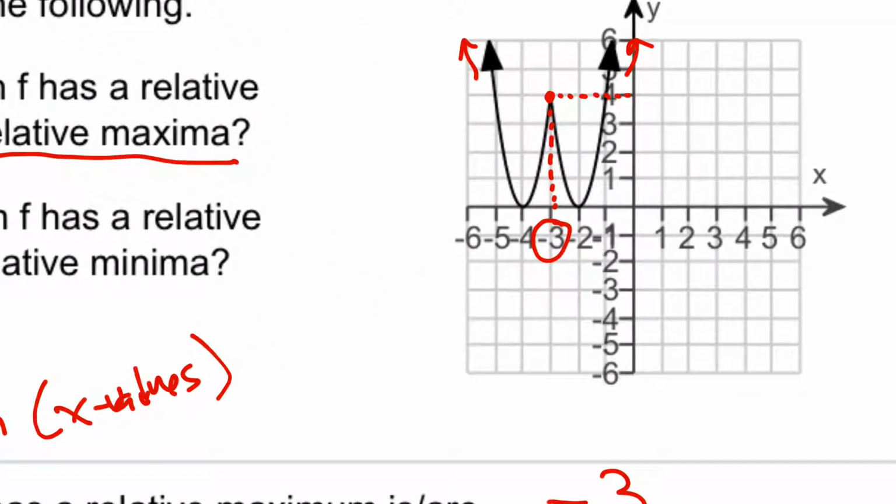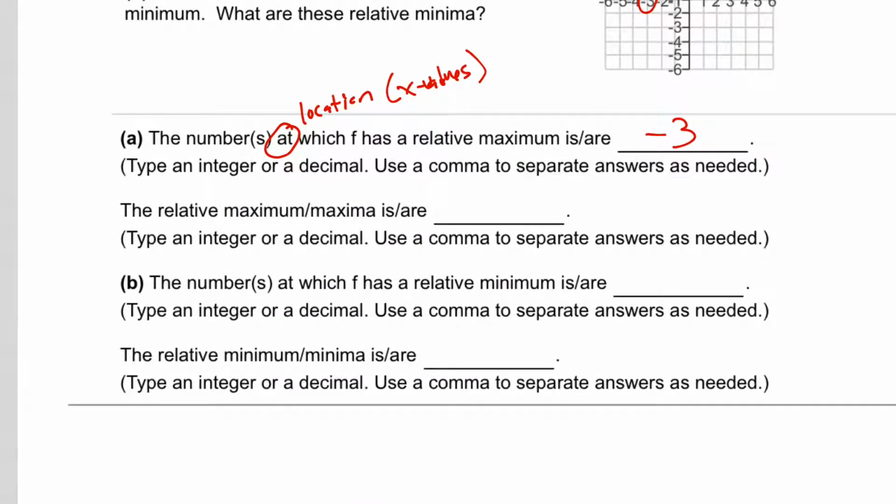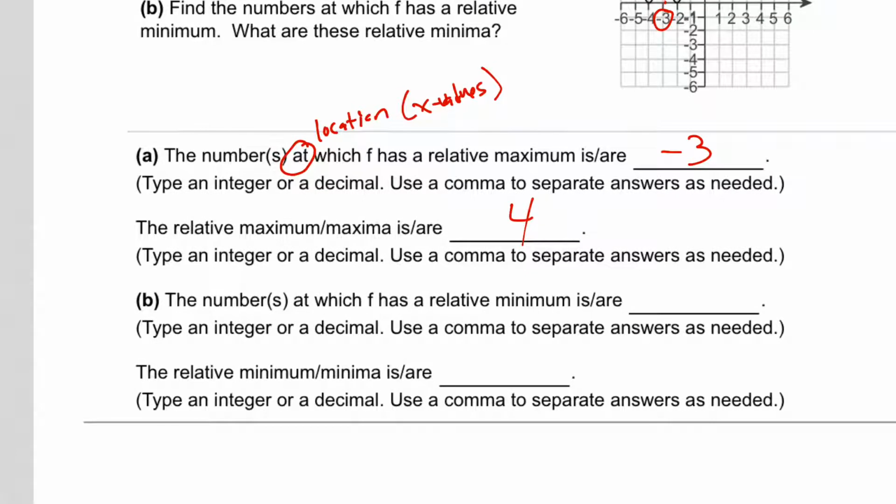And if we zoom in, we can see that that is a 4. So the height of that maxima is 4. Okay? So this is R, is the value or the height. Let's do that. And that's the y value. Okay?